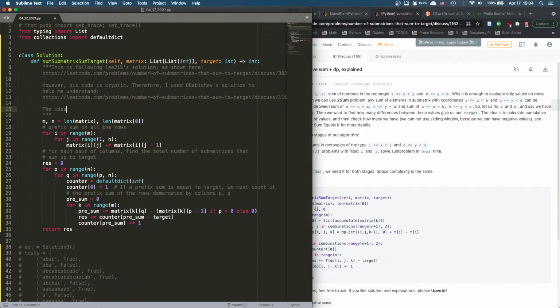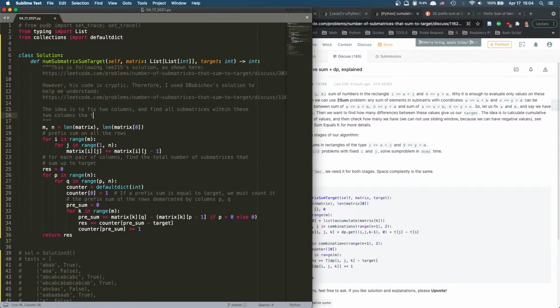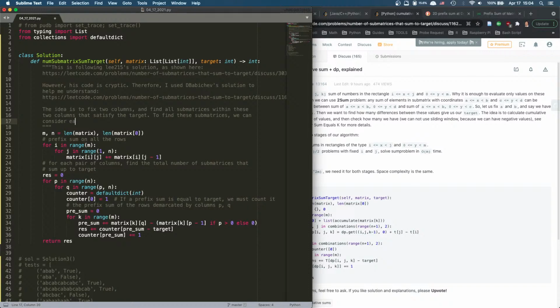The idea is to fix two columns and find all submatrices within these two columns that satisfy the target. To find these submatrices, we can consider each row as one entity.